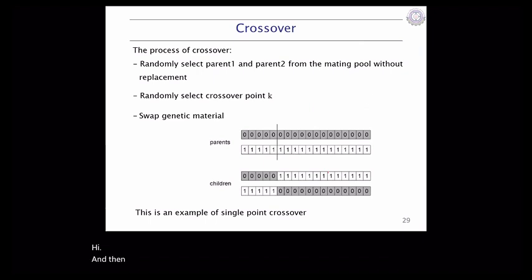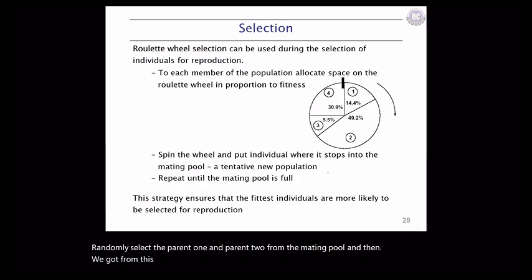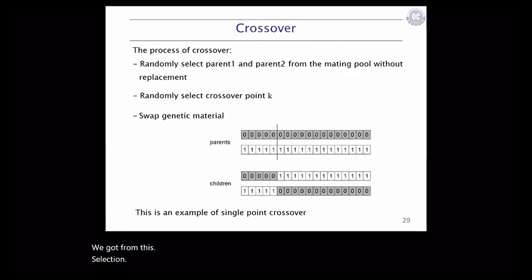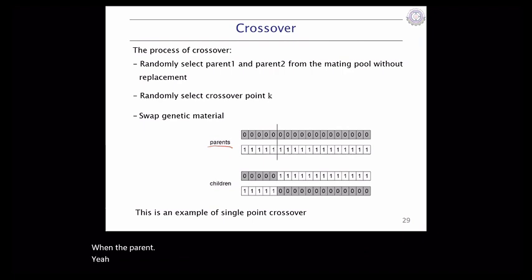And then for the crossover, the process of crossover, randomly select parent 1 and parent 2 from the mating pool, without replacement. So randomly select crossover point K, for example, and swap genetic material. For example, here we are given the parents from the mating pool, and then we swap the genetic material from parent 1 and parent 2.